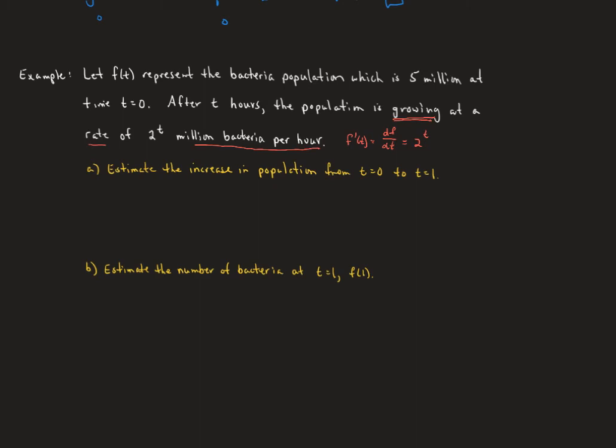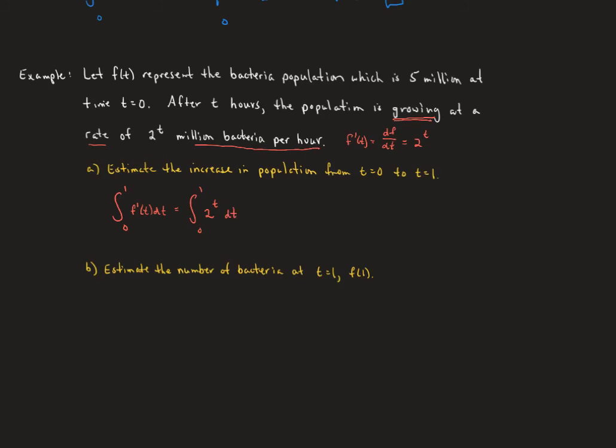Now we want to estimate the increase in the population from t equals 0 to t equals 1. So much like we've done with the velocity function in the past, where we said that net change in position is the integral of velocity, the net change in the bacteria population is going to be the integral from 0 to 1 of f prime of t dt. That's going to be the integral from 0 to 1 of 2 to the t dt.